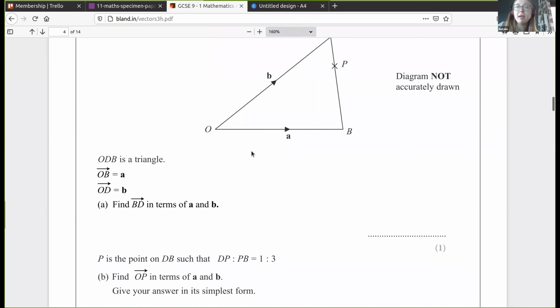We're then told that P is the point on DB such that DP to PB is 1 to 3. Find O to P in terms of A and B, giving your answer in its simplest form.